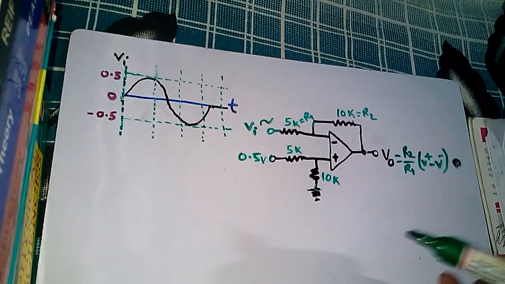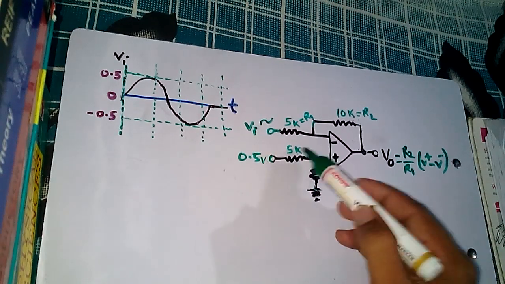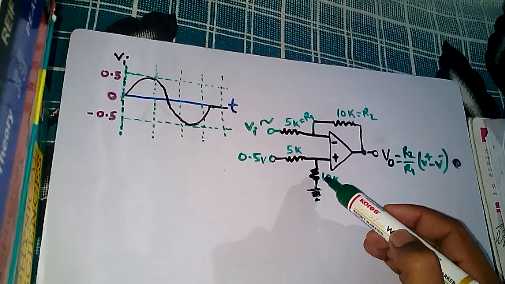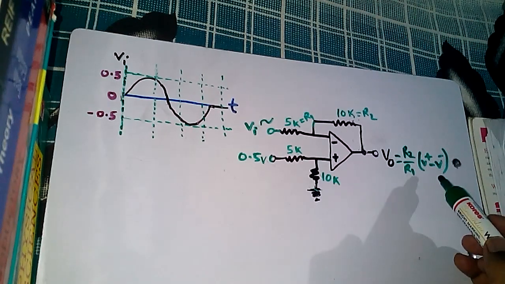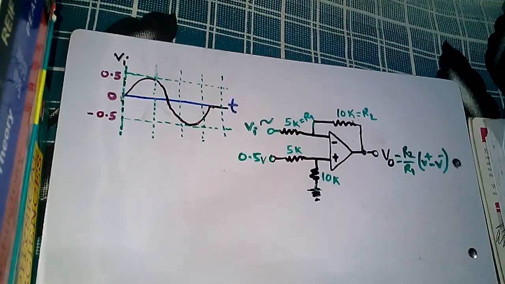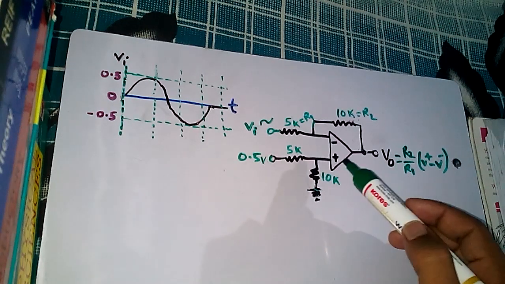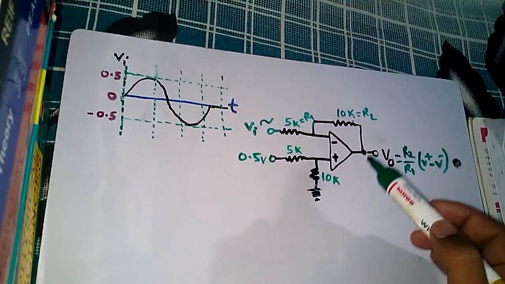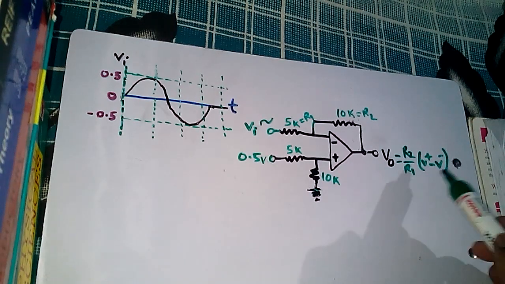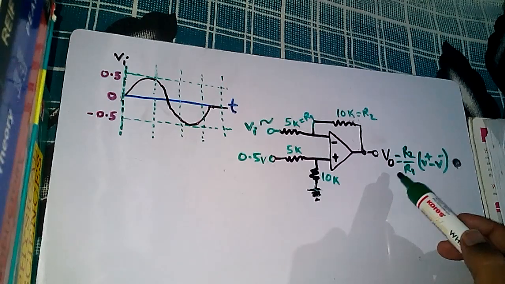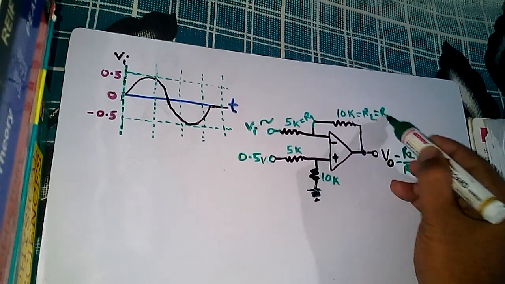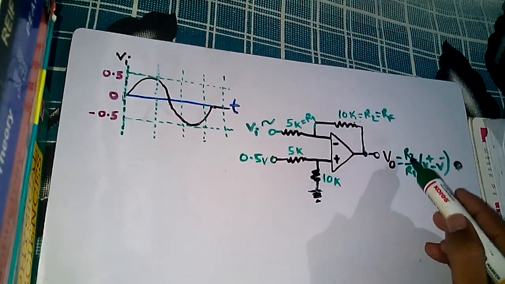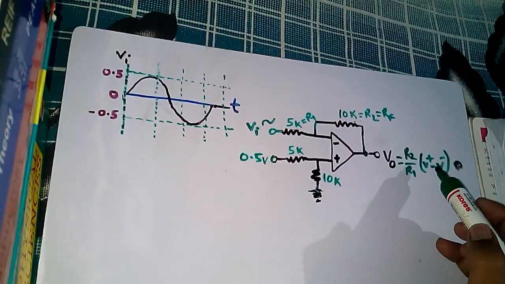But we had derived and seen that these resistances have no role in the output voltage formula. So finally, we understood this is the differential amplifier circuit with feedback, and this is the standard output voltage formula for a differential amplifier. This can also be written as RF because this is the feedback resistance, but here I am just writing R2.